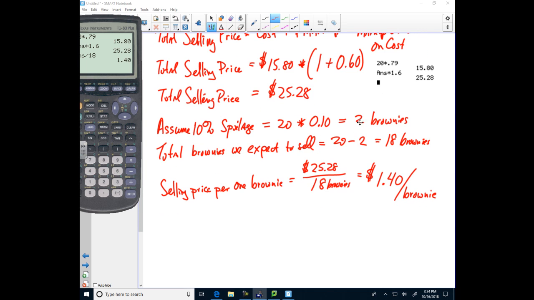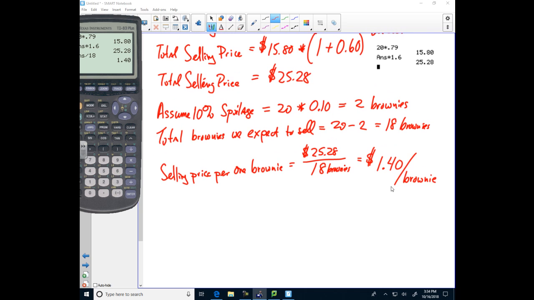Then we had to find out how many we thought we weren't going to sell, figure out what was left, divide that into what we calculated we needed for all of them to bring in, and we got our price point here. And of course, we're going to change that to $1.49 because we could do $1.39, but that just doesn't sound right, does it? $1.49 would be a whole lot better.